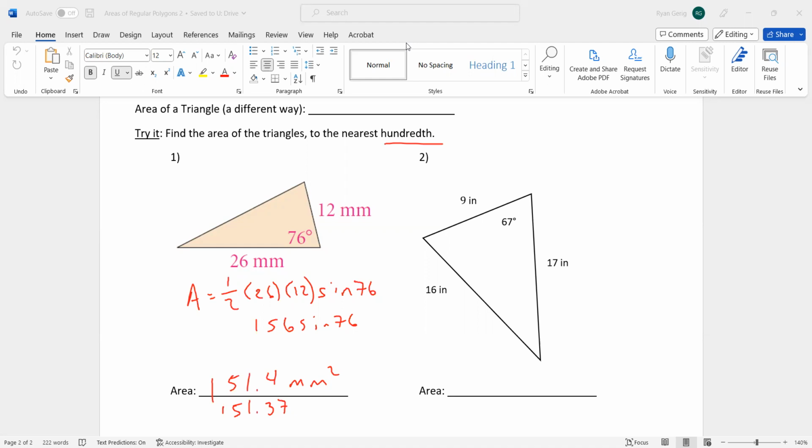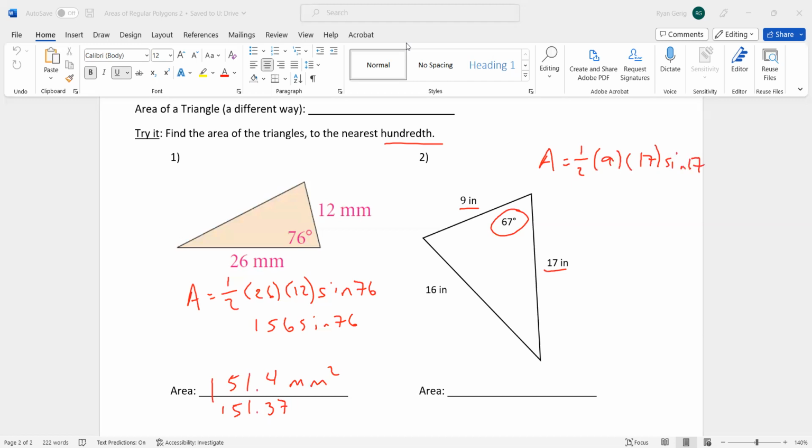Try the next one. This question will pop up here. See what you get. I made it a little trickier, not a lot, because I threw in the third side. I have the 67 degrees. What are B and C then? Well, they're the two sides that come out of 67 degrees. So these two. So my area is 1/2 times 9 times 17 times the sine of 67.